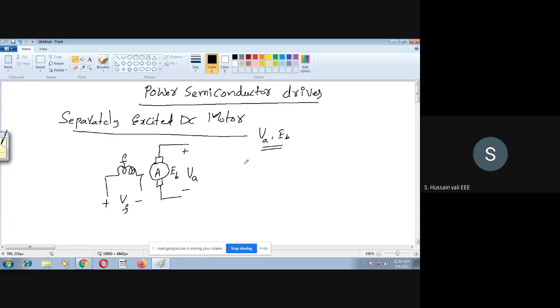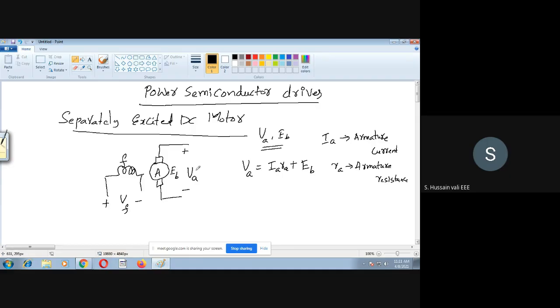It's nothing new. If you recall, we can write the KVL: VA is equal to IA RA plus EB. IA is the armature current, whereas RA is the armature resistance. EB is the back EMF, and VA is the armature voltage.